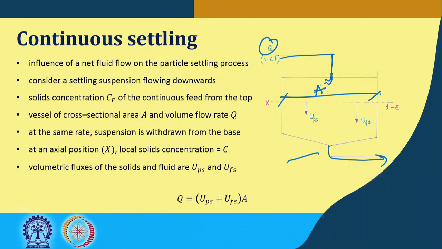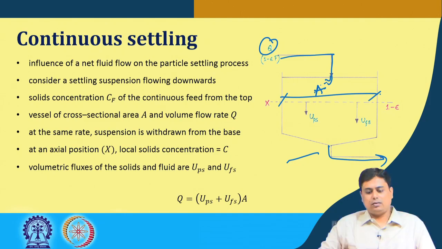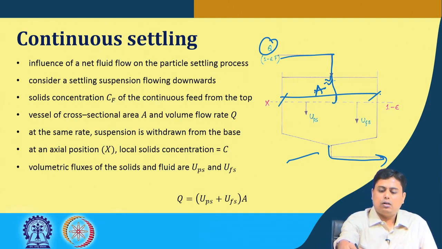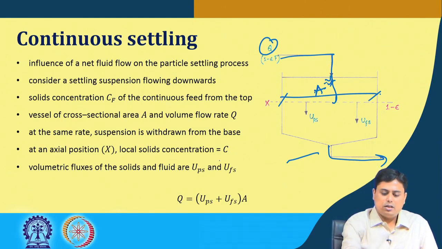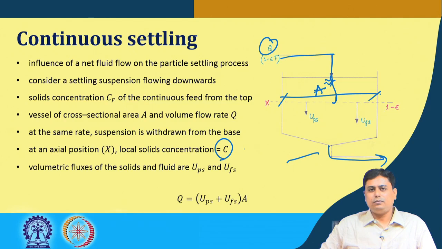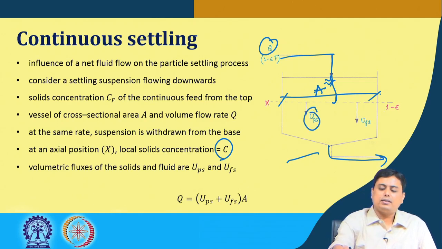At the same rate, the suspension is withdrawn from the base, and then at axial position x from the top, say the local solids concentration is C. The volumetric fluxes of both solids and fluids are UPS and UFS, where P stands for the particle and F stands for the fluid.